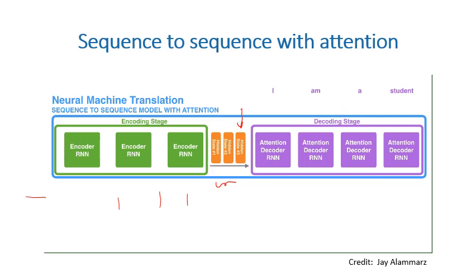In fact, we are not passing all of these three vectors to the decoder. We are passing a weighted average of these three to the decoder.